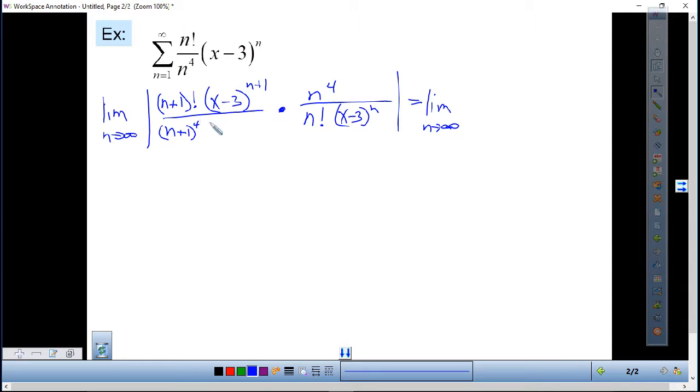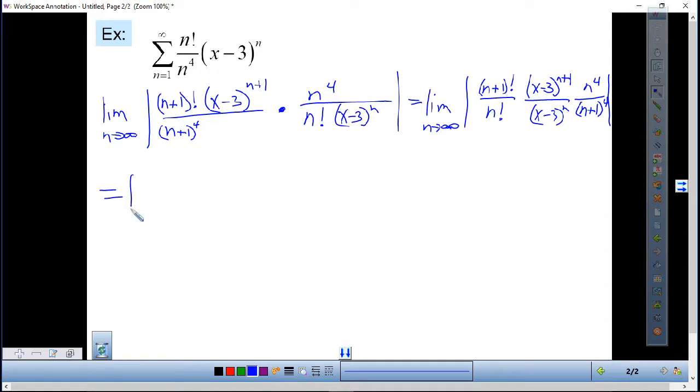When I start putting it together, I'm going to have the absolute value of n plus 1 factorial over n factorial, and I'm going to have x minus 3 to the n plus 1 over x minus 3 to the n, and then I've got n to the 4th over n plus 1 to the 4th. All right, and once again, absolute value there.